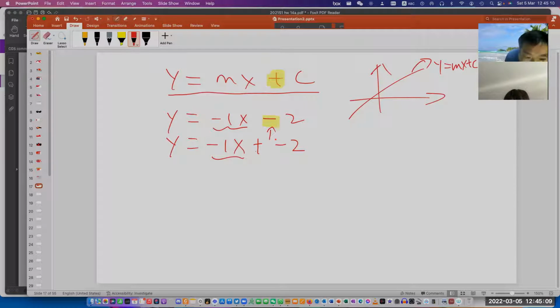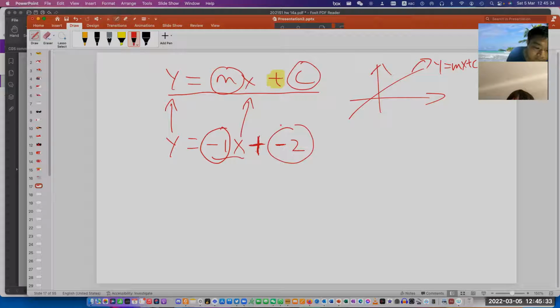So if you see a minus here next time, you should convert it into plus minus, so that now you can compare to the above. Can you see that y is y, x is x? Now m is minus 1, and c is minus 2. So m is minus 1, which is the gradient. C is minus 2, which is the y-intercept.